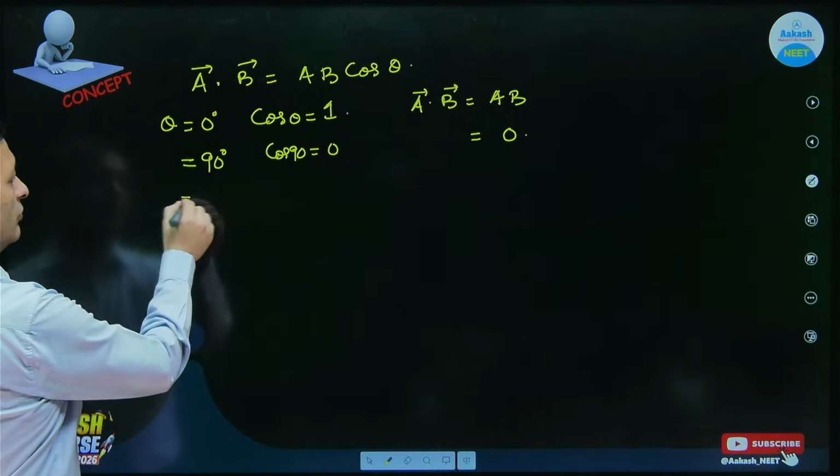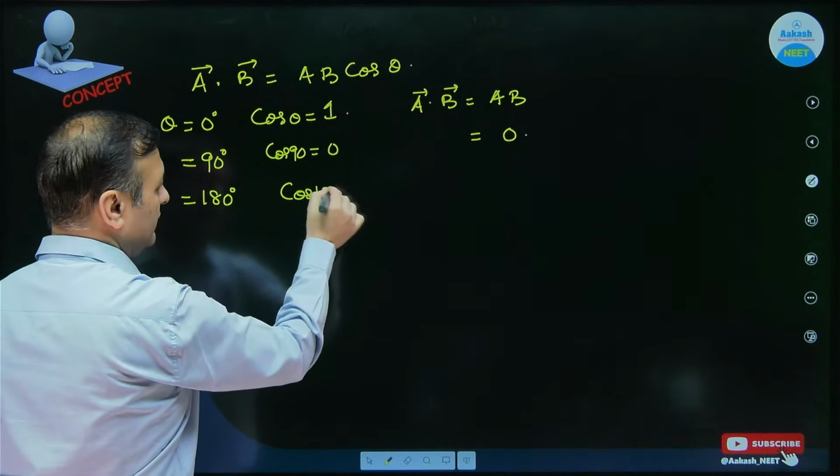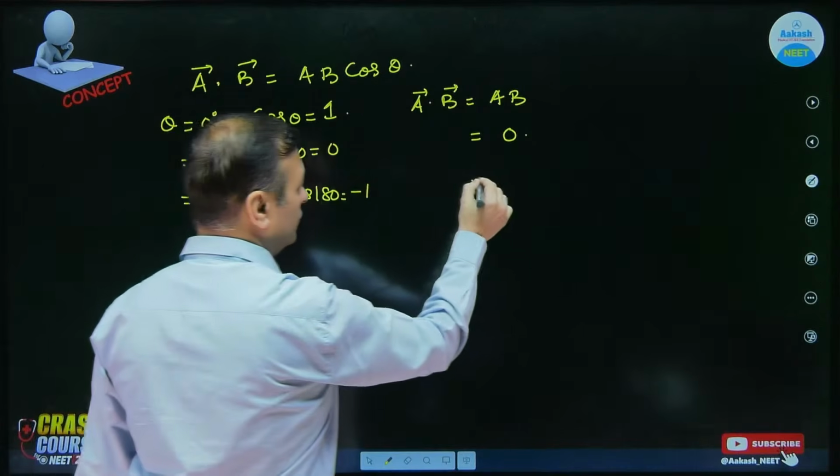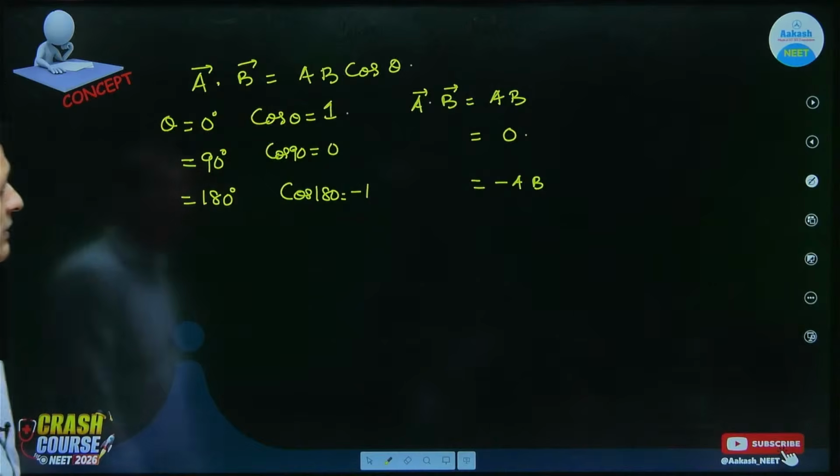And when you have 180 degree, we know cos 180 is minus 1, so this A dot B can be written as minus AB.